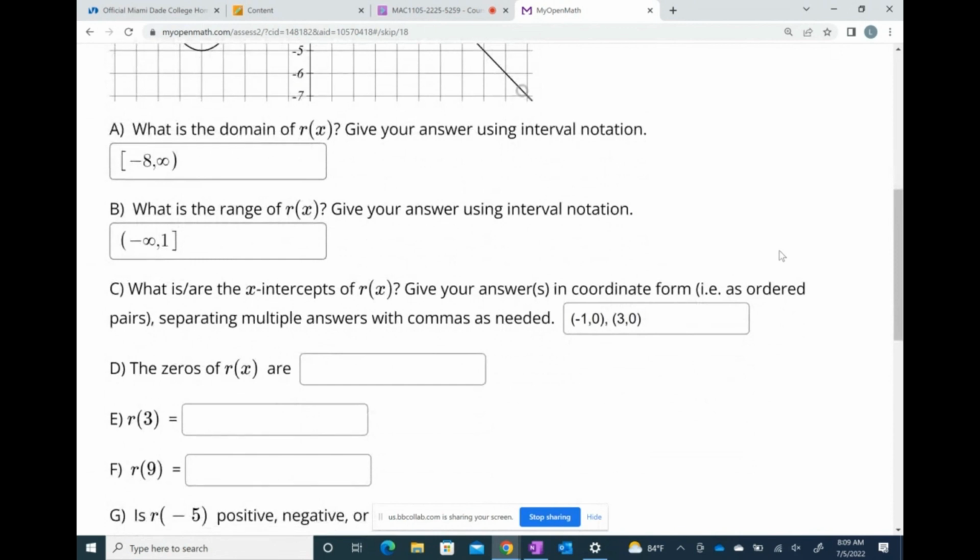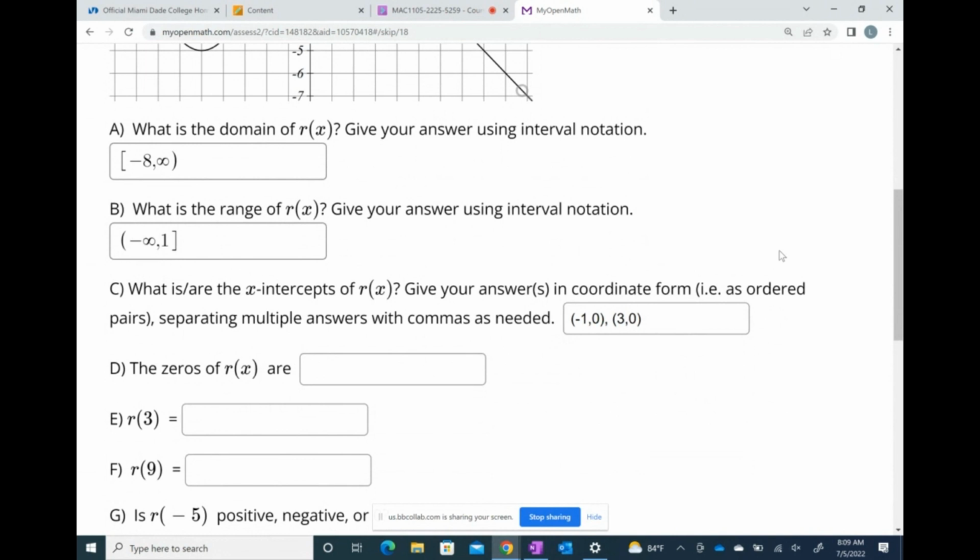Okay. Now, D. It says, what are the zeros of R of x? Now, who can tell me what do we mean by this? So, what do we mean by zeros? Anybody? The y-axis. No. Yes? Very good.